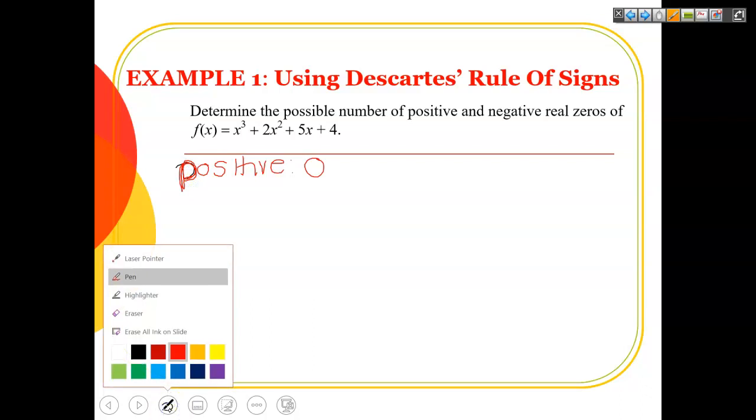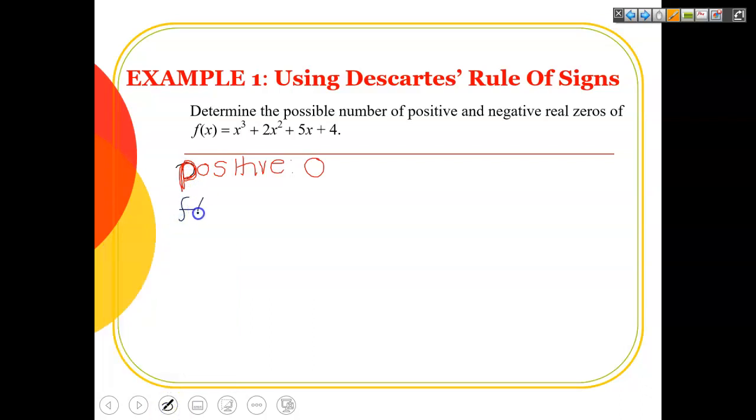Plugging in your negative, you get negative x cubed plus 2x squared minus 5x plus 4.